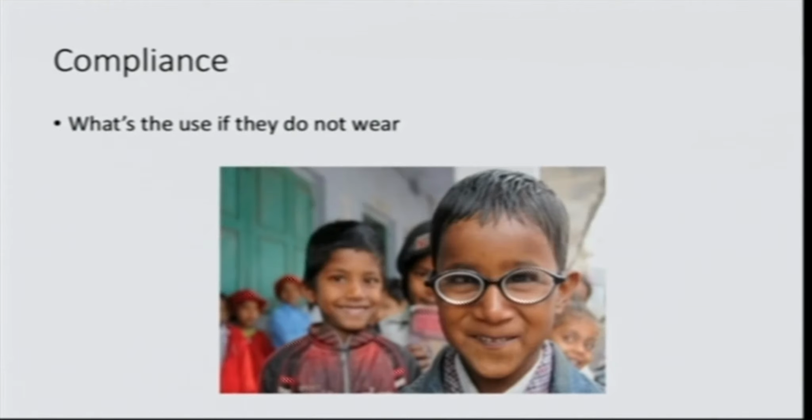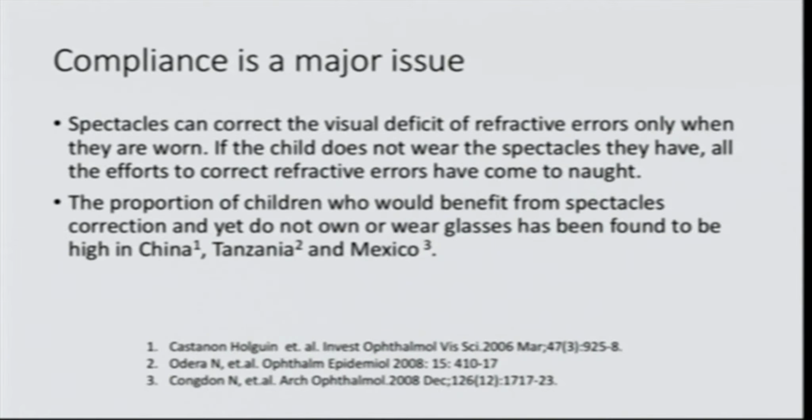Well, finally, of course, when we talk of a refractive error program, the very important thing is compliance. What is the use of finding a child who needs specs and giving the child those specs, if the child is not going to wear them? So compliance is a major issue.